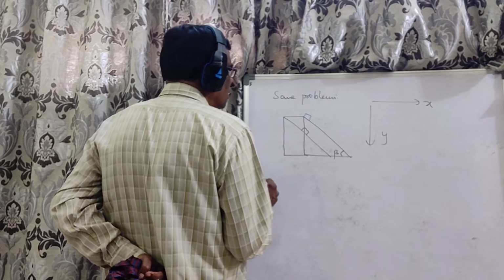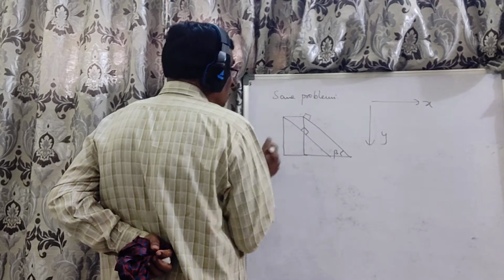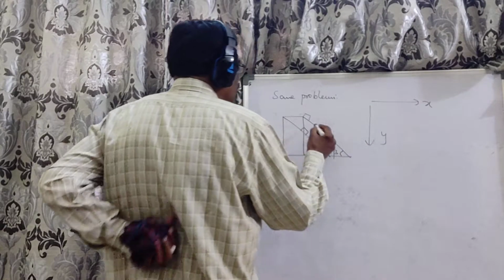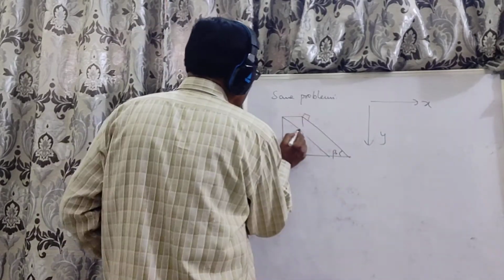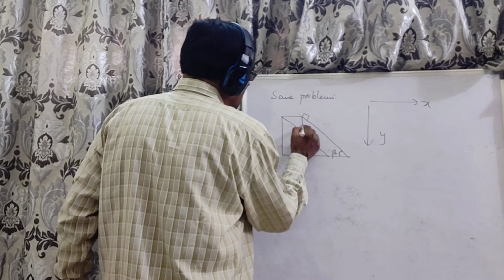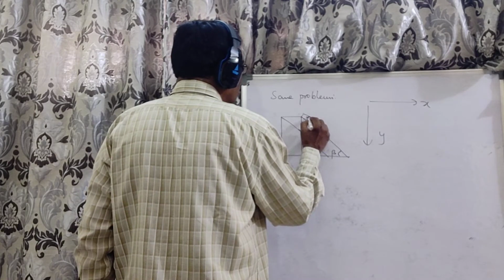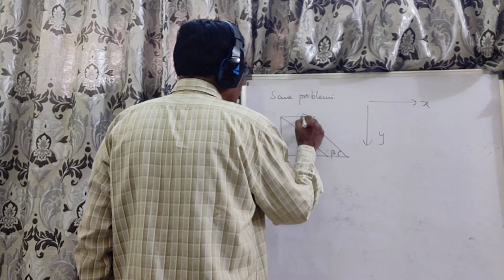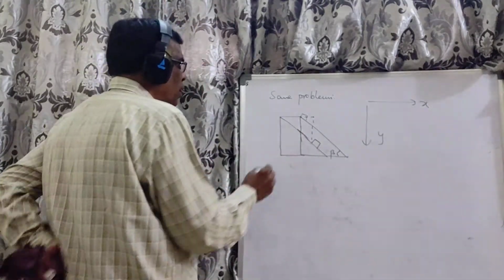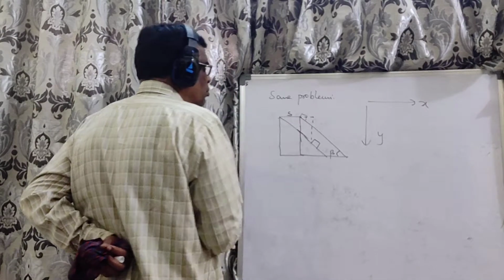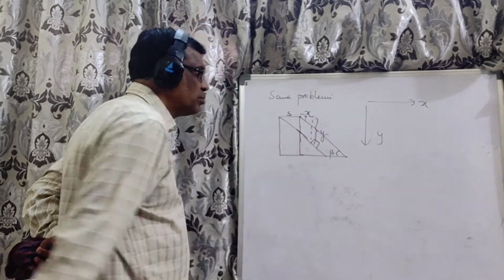Now, x is like this, y is like this. I'll put it in such a way so it is easy to conceive the view. Let it be here, it makes no difference. Let this be s as before. This is small x, this is small y.